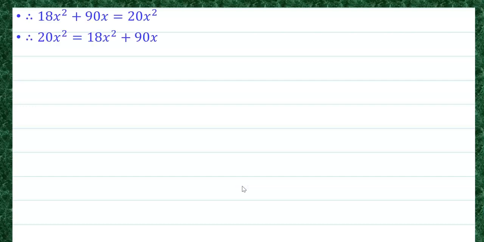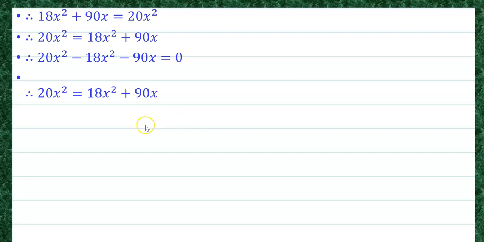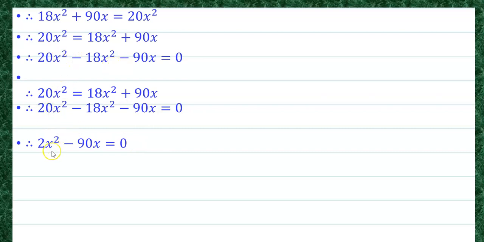Now we simplify this: 20x square minus 18x square minus 90x is equal to 0. Here we only consider these steps: 20x square minus 18x square gives 2x square minus 90x is equal to 0.